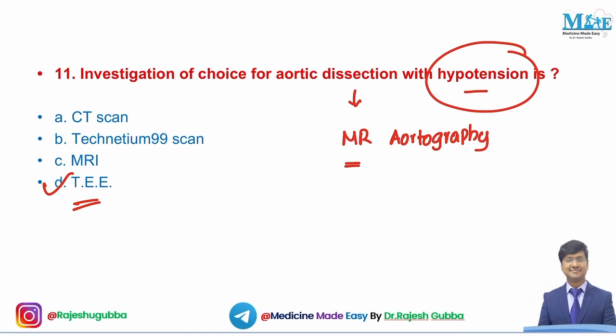See, the diagnosis of the aortic dissection can be established by non-invasive techniques like your echocardiography, CT, and as well as MRI. So that is the reason why the invasive investigation, that is aortography, is used less commonly because of the accuracy of these non-invasive investigations like echocardiography, CT, and as well as MRI.